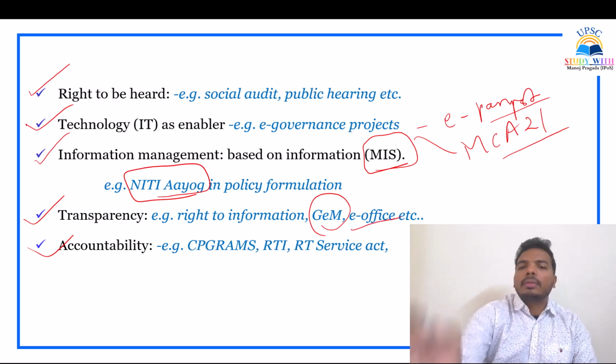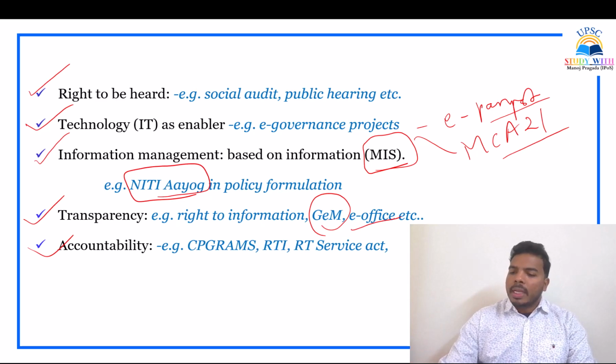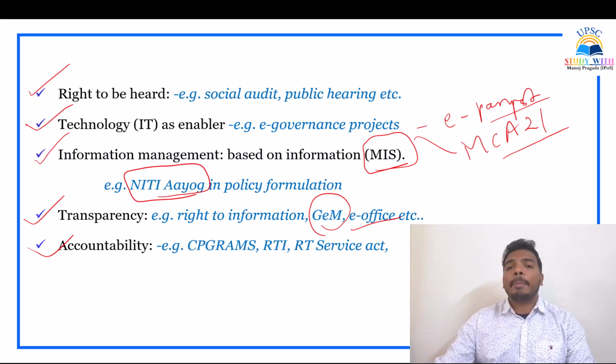Same with e-office. Each of your file notings and views is recorded in e-office. It is digitally recorded. You cannot tamper. Usually in the old days, files would be burned or go missing one day.